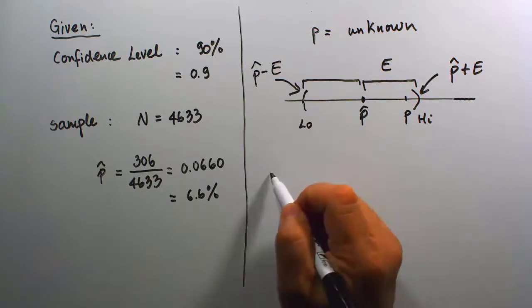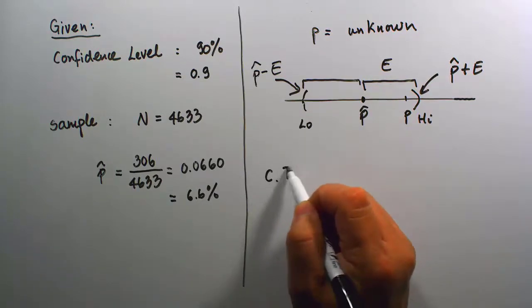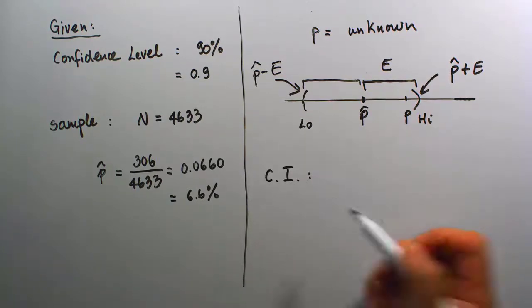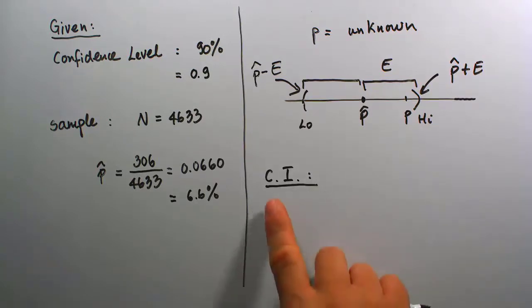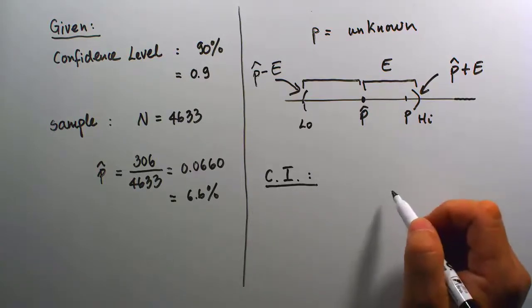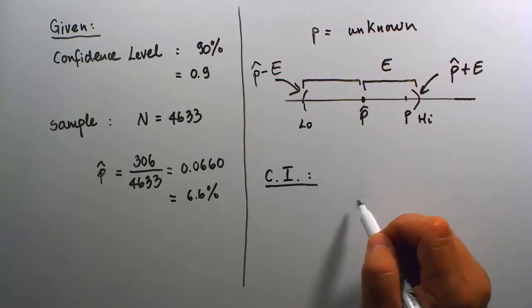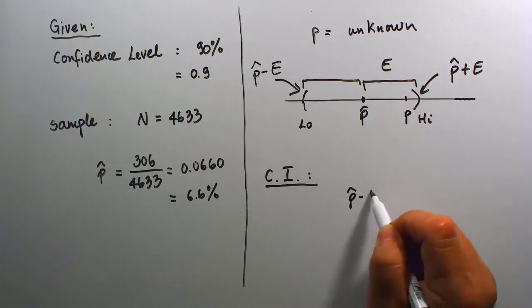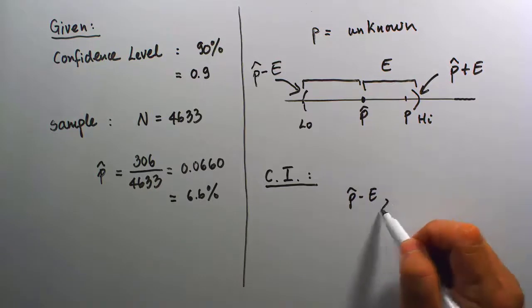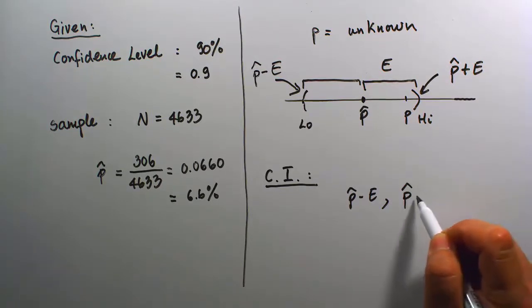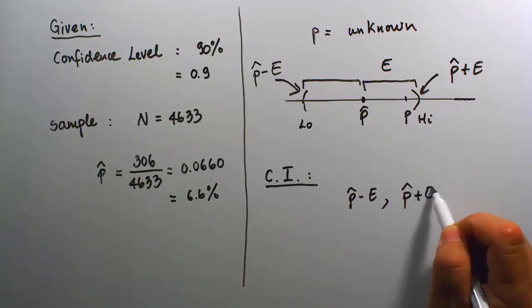And so the confidence interval, CI being my shorthand notation, will look like the following. Low end is p hat minus the margin of error, and high end is p hat plus the margin of error.